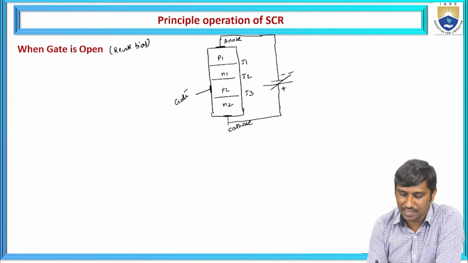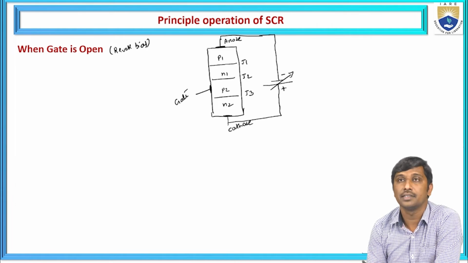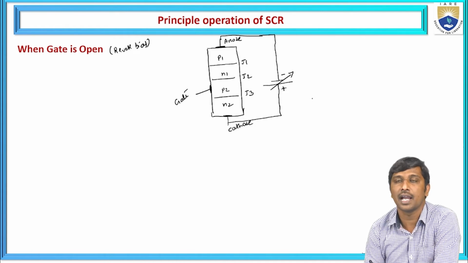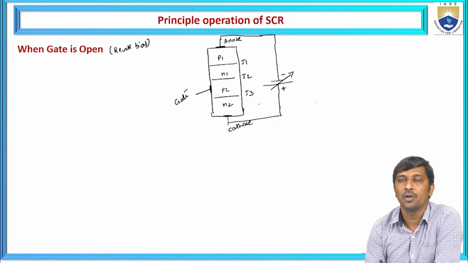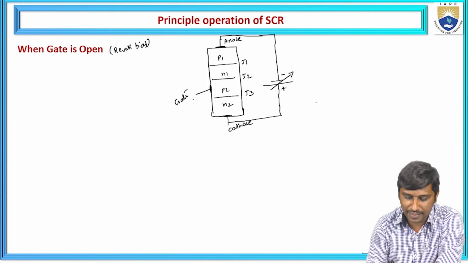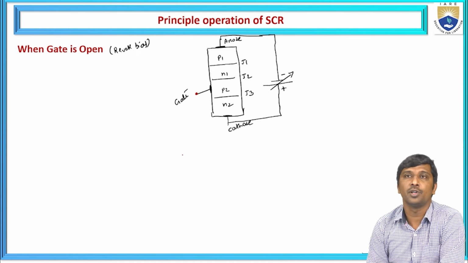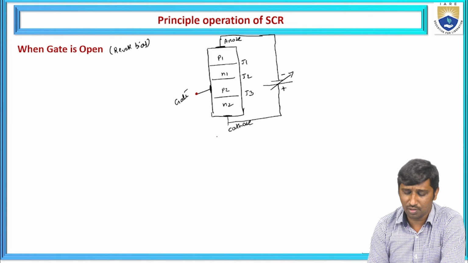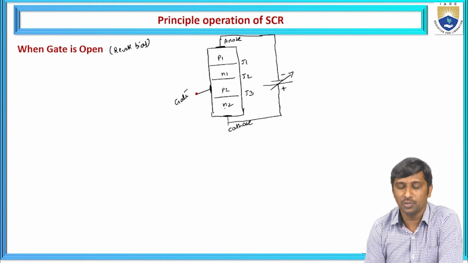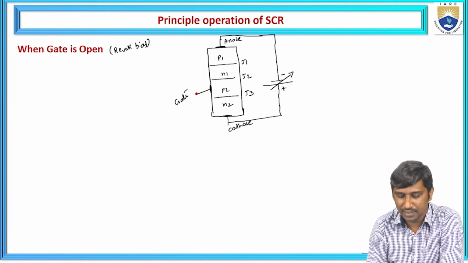This is called the reverse bias condition: reverse voltage is applied across anode and cathode. Again the gate is open, meaning I am not applying any biasing voltage between the gate and the cathode. Now we need to observe what happens between the junctions.